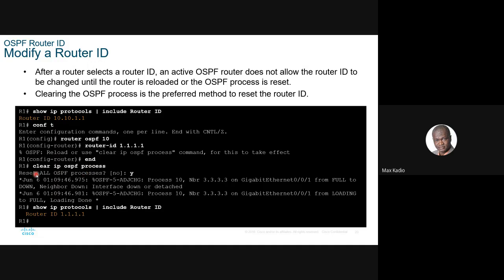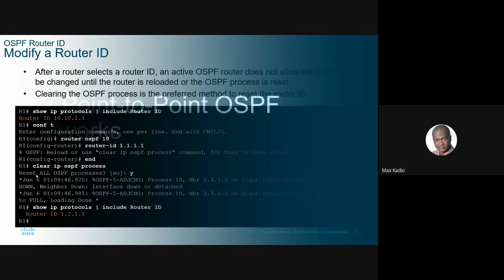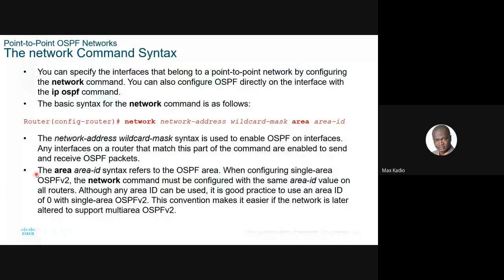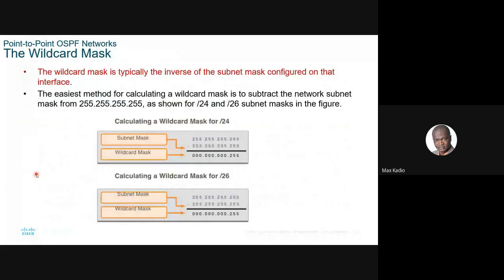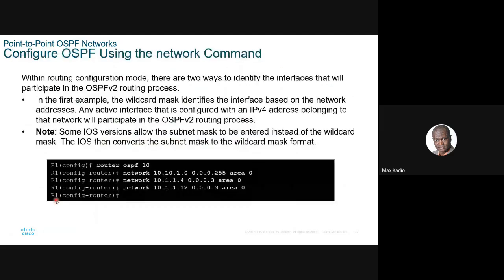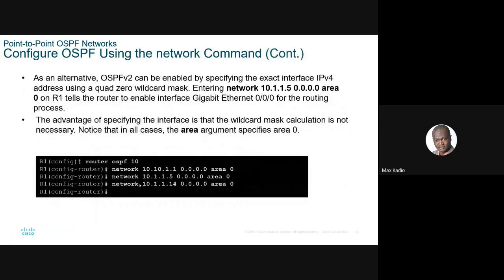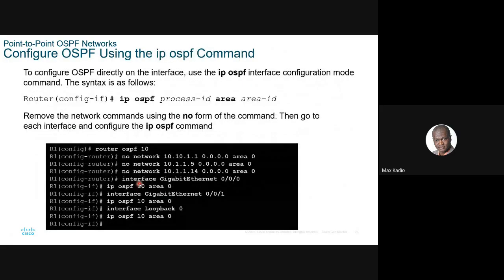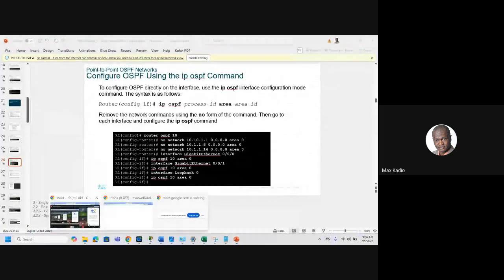So let's go for passive interface. Be careful of the wildcard mask that I explained last time. Okay, the network command, we did.